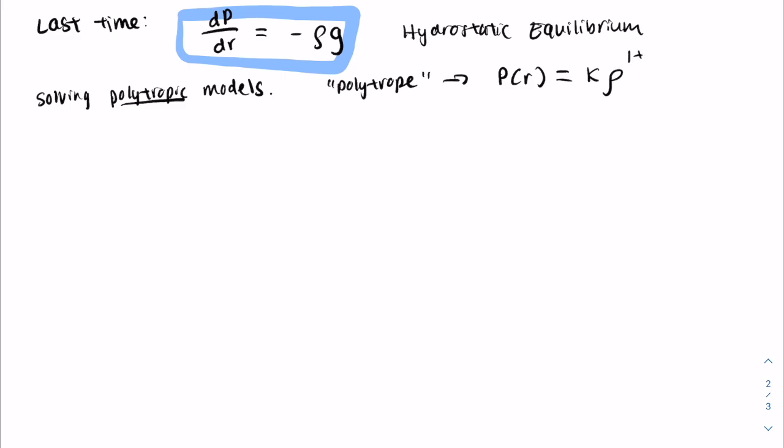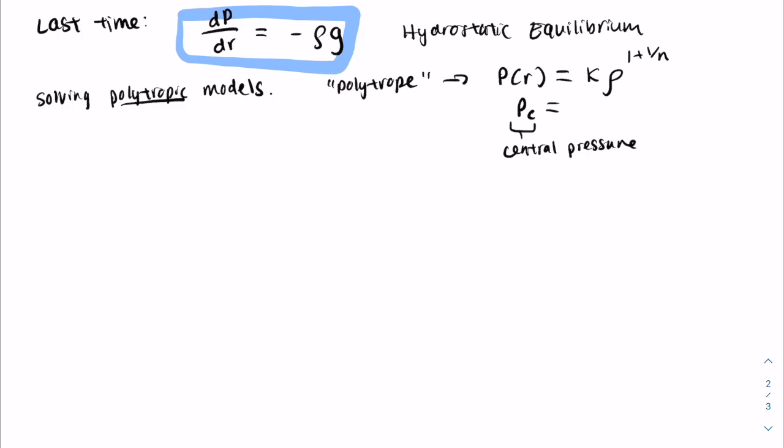And the form of the polytrope equation is the pressure equals some constant k times the density to the 1 plus 1 over n. This 1 plus 1 over n is often called just a gamma constant as well.